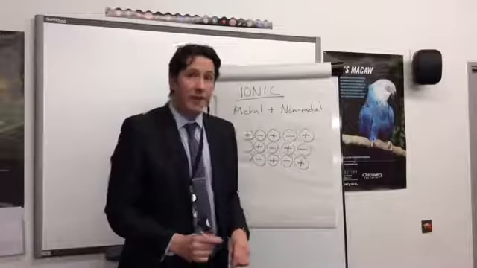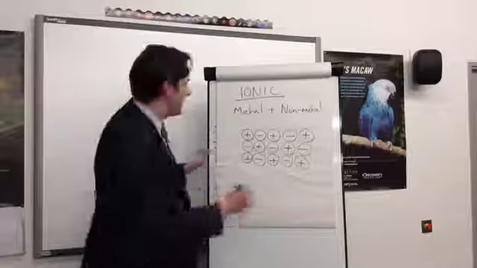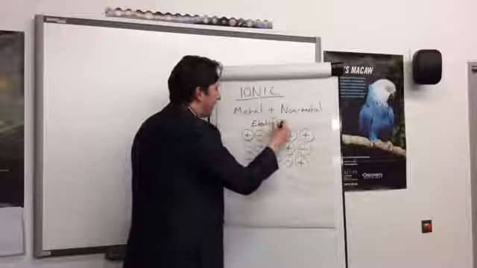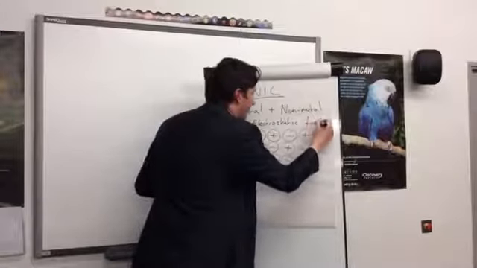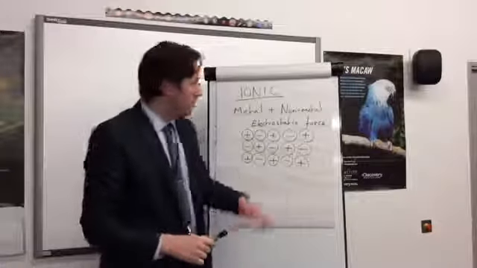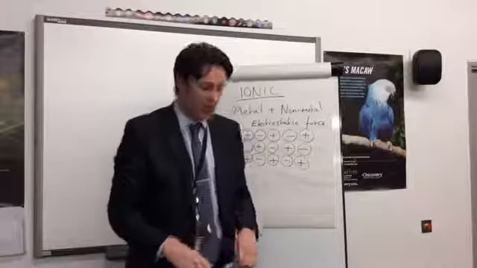And just like in life, okay, for so many of you, opposites attract. We've got the positive with the negative, opposites attract, and it's called electrostatic force. It's the attraction between a positive and negative particle, electrostatic force. Okay, so positives and negatives attract.